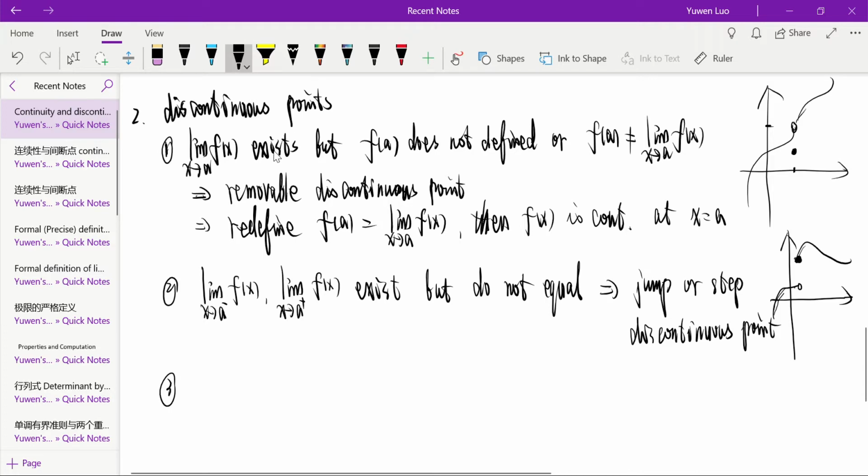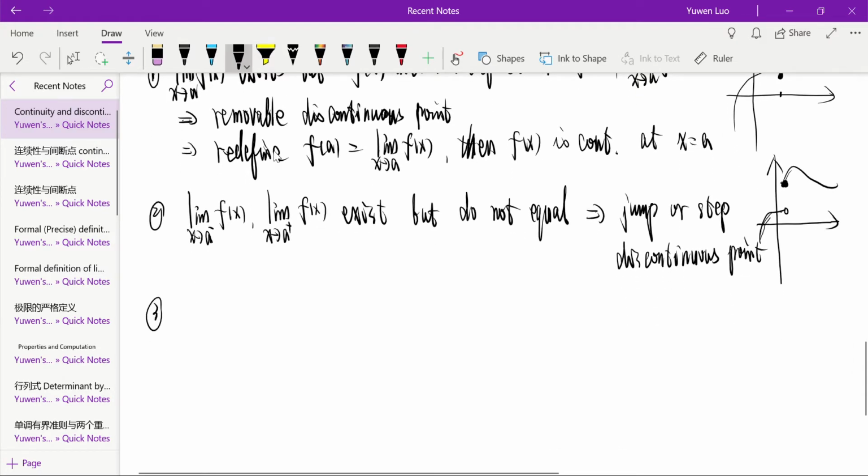The third type of discontinuous point is called the infinite discontinuous point. Either the left limit or the right limit is positive or negative infinity.